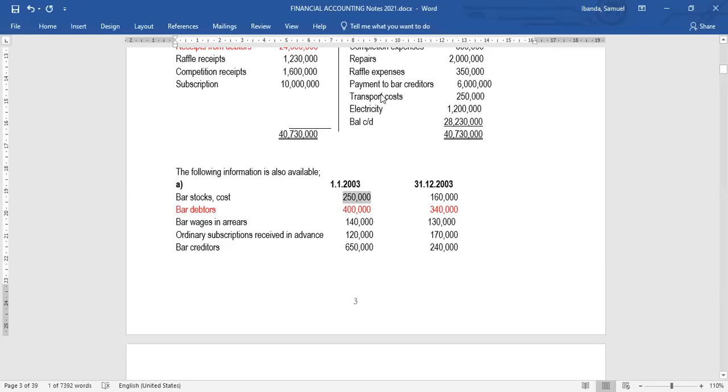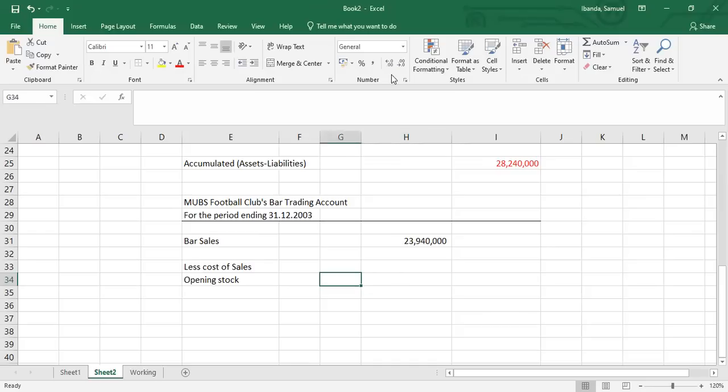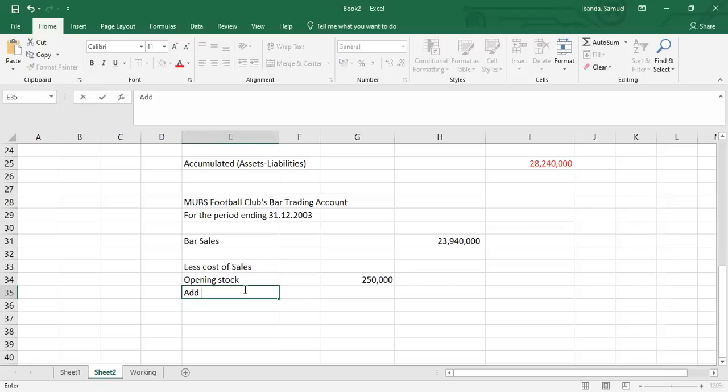I'll come here and say opening stock. I'll first calculate it in this column. So my opening stock is 250,000, okay? Then mine is to add purchases.